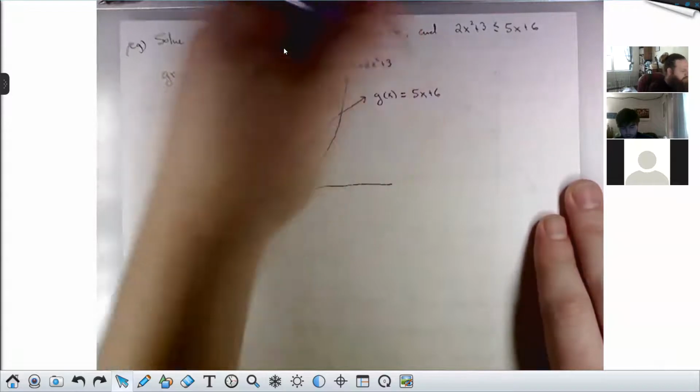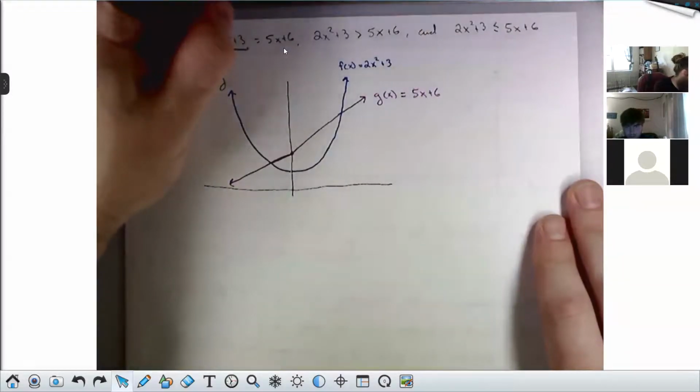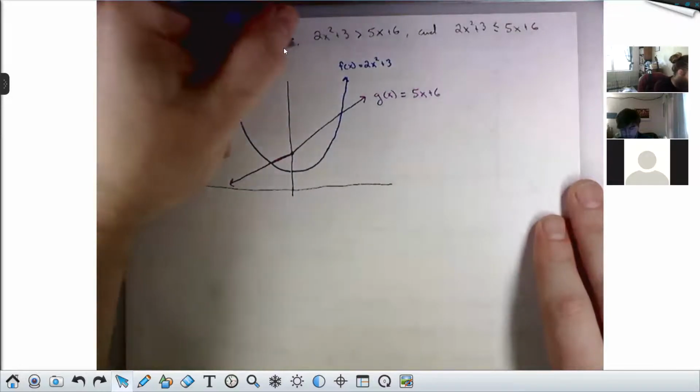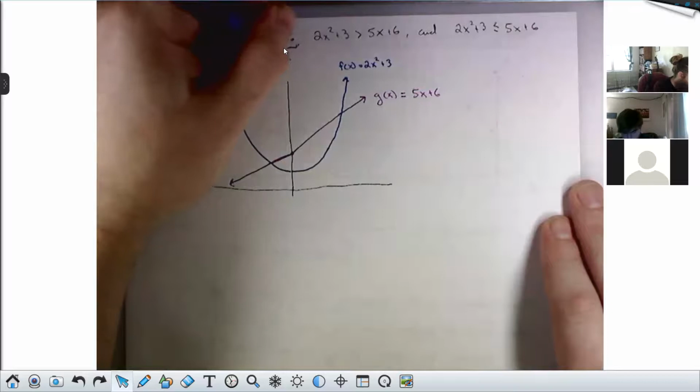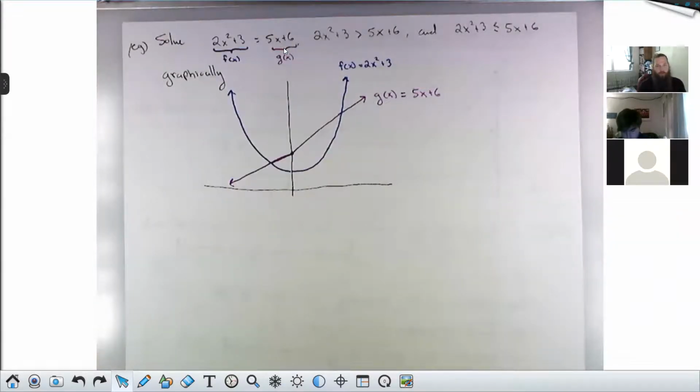5x plus 6. So if you're told to do something like this, first thing you got to do is give each side a name. Call the left-hand side f of x, call the right-hand side g of x, or vice versa. It doesn't matter. Then you graph both functions.